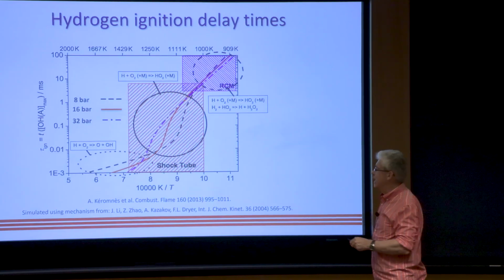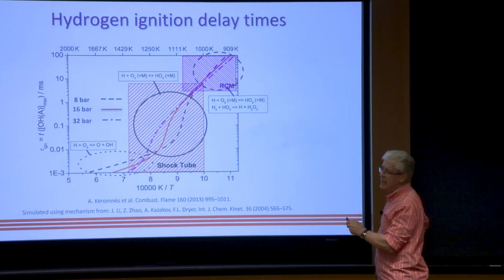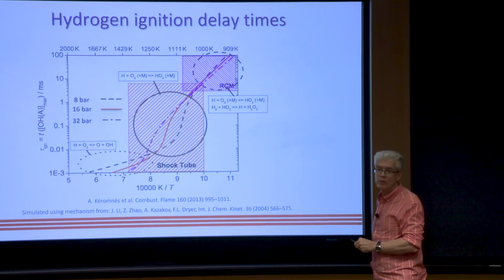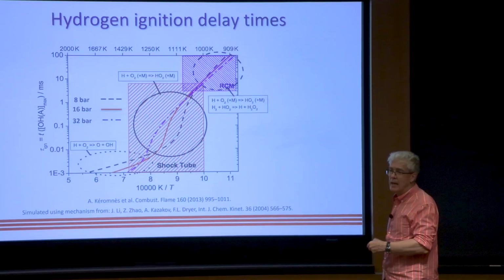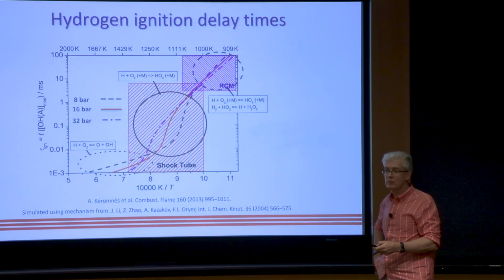And as we go higher in M, the more HO2 is formed, and the less we get O plus OH. So in this regime, at all the pressures, it can compete with H plus O2 gives O plus OH.